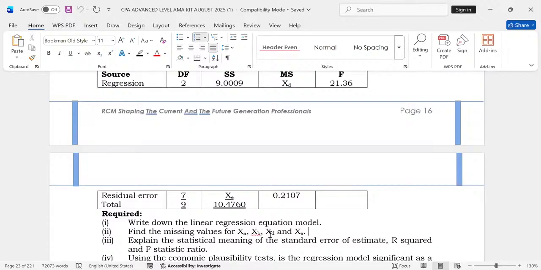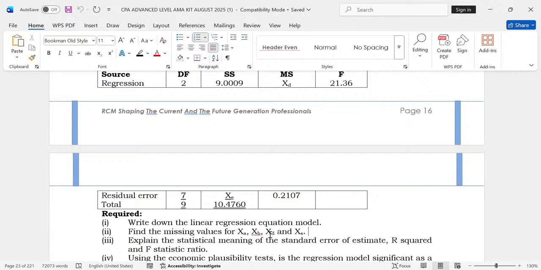Do you remember the concept of R squared if you're asked here? Before we even read the question, there are things I should be able to understand as I read the requirements. What is R squared? We discussed it. Don't make reference to the notes. It is already in your mind, in your own language. If you're a Kikuyu, speak to me in Kikuyu. If you're coming from whichever area, speak to me in your own mother tongue.